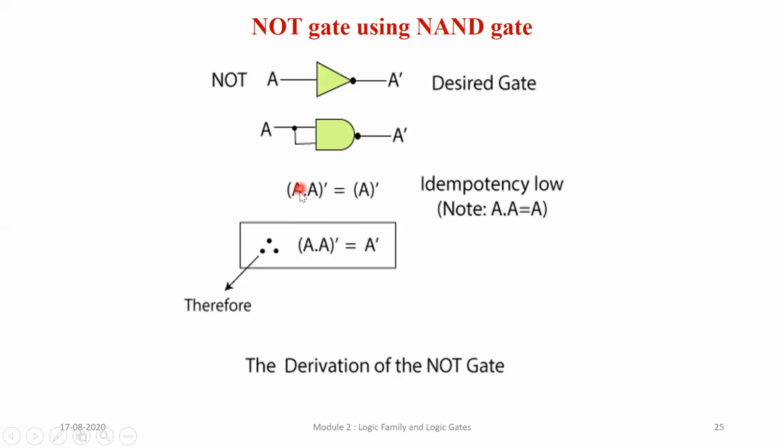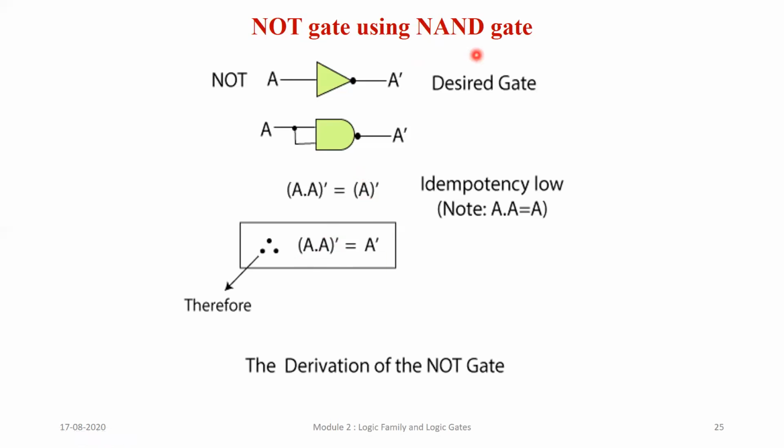NAND gate is the opposite of the AND gate. One input is A, the other input is also A, and here is a bubble for the complement. This is my simple AND operation, and for NAND it is the complement of that. I get A dash. So A into A complemented is A dash. This is how we get a NOT gate using a NAND gate.